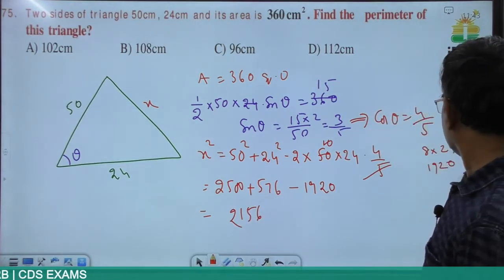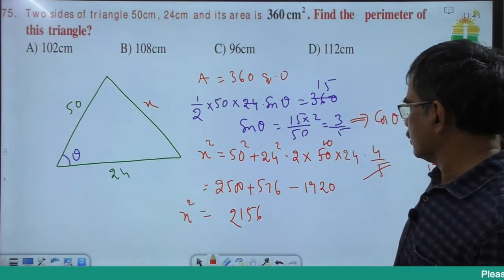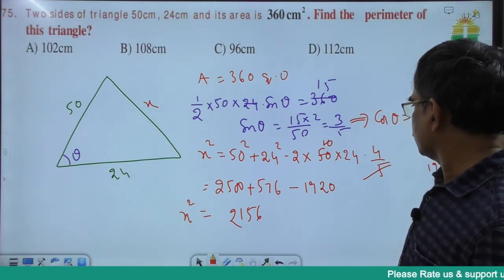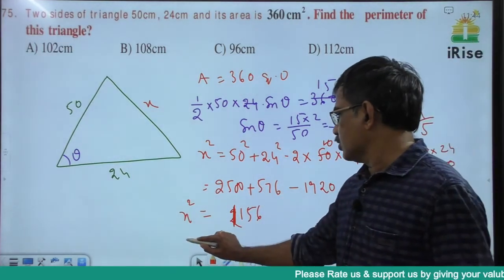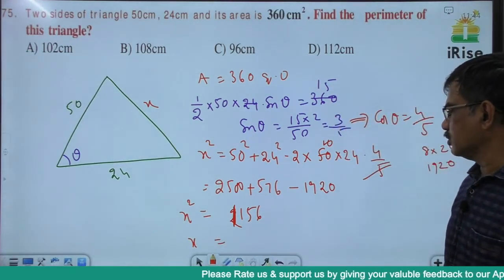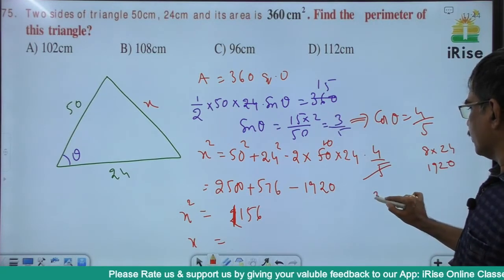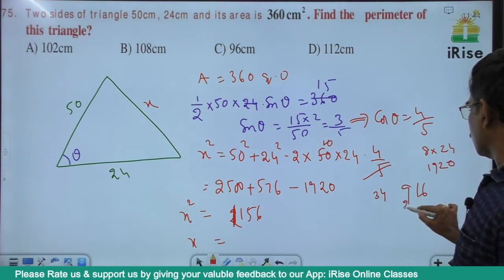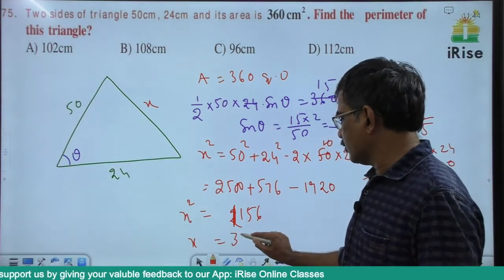So x square is equal to 1156, not 2156. So x is equal to, I think it is 34. 4 square 16, 3 square 9, 3 fours 12, 12 twos 24. So this is 1156. So x is equal to 34.